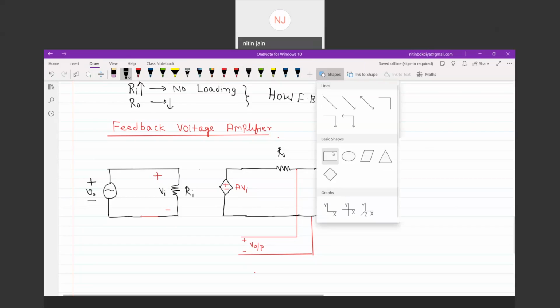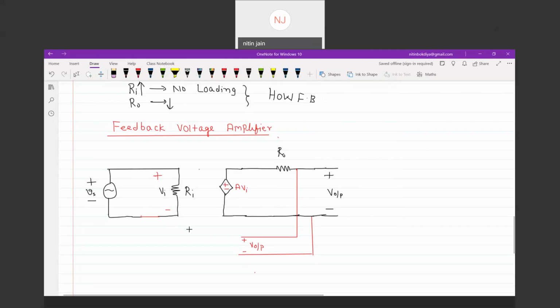Now let's apply a beta network. So this is a beta network. In the beta network, we want to mix in series. So let's take the output of the beta network. These are the two outputs of the beta network.